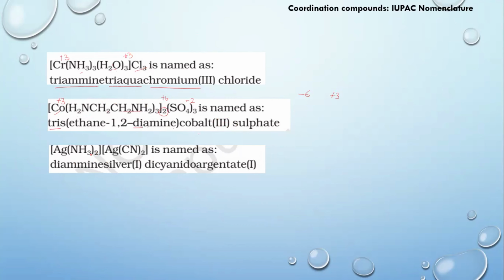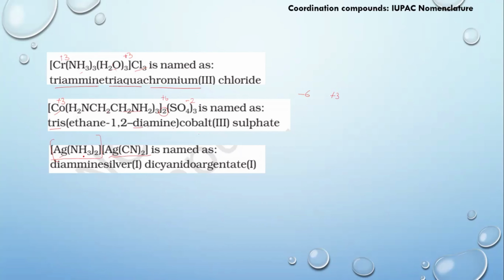This is the cation and this is the anion. Of both, we will first write the cationic part's name. The central metal atom is silver. For the anionic part also, silver is the central metal atom.